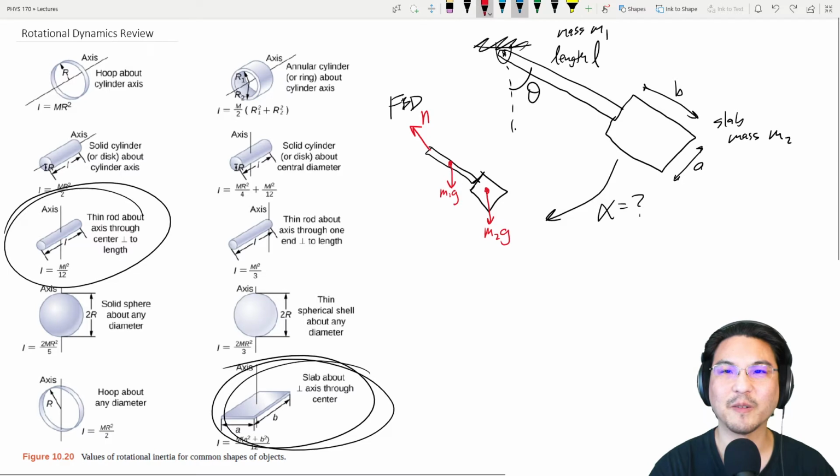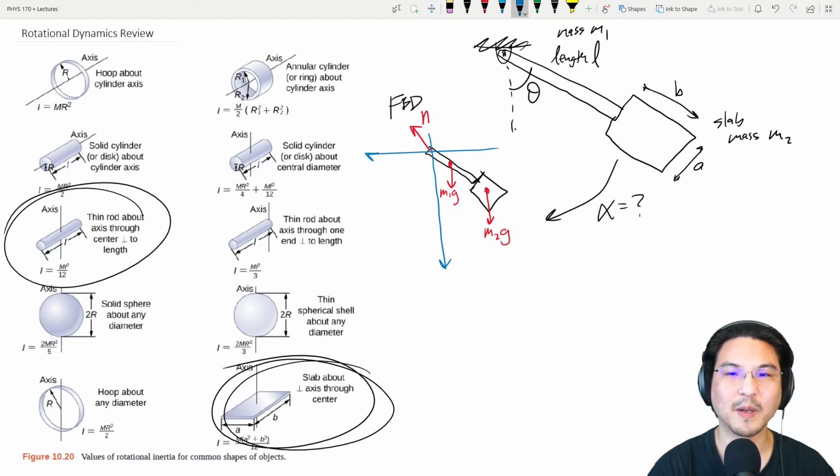Let's pick coordinates however we want. This thing is going to rotate that way. So I'd like to make clockwise positive, though you don't have to. If I make this way Z, this X and that way Y, X cross Y would be into the page, which would be clockwise.